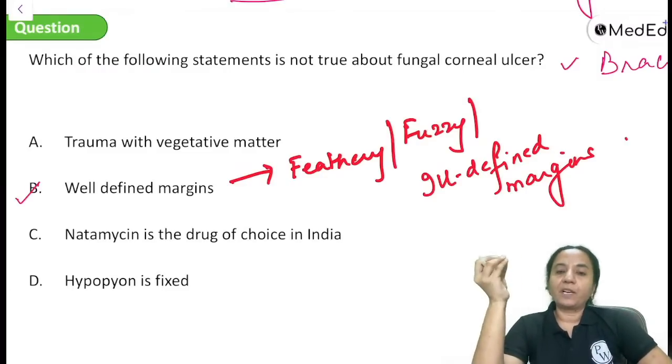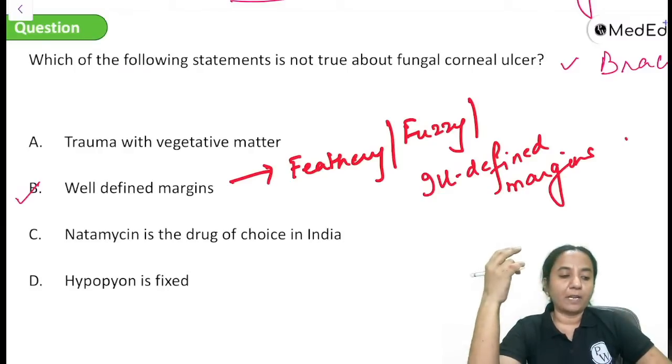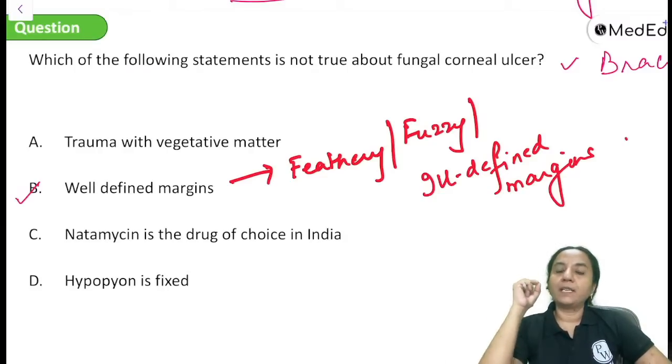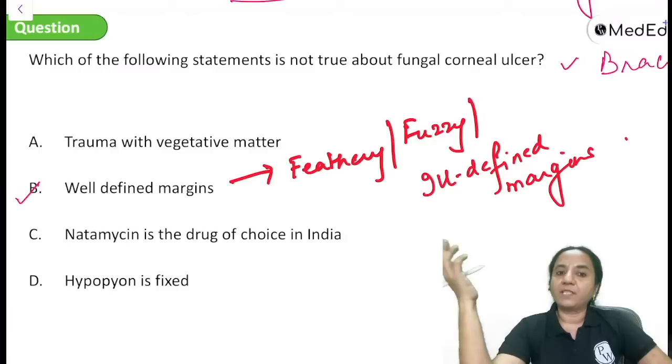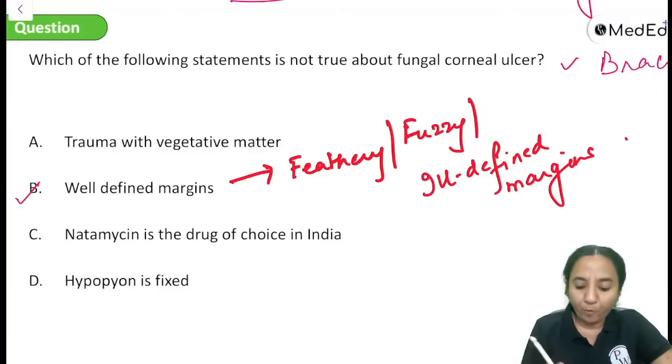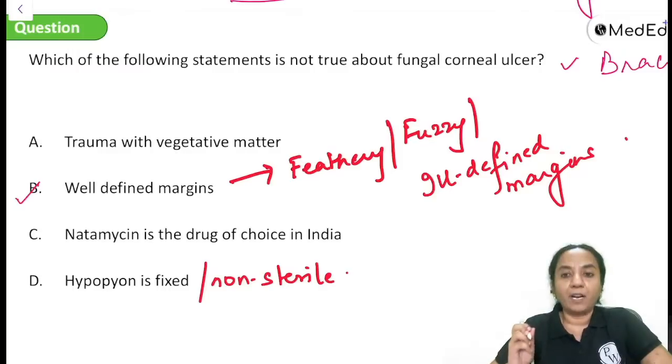In case of a fungal corneal ulcer, the symptoms tend to be less pronounced than a bacterial corneal ulcer. There is often a preceding history of trauma with vegetative matter. The hypopyon is fixed, meaning it is immobile, and it is often non-sterile. Non-sterile means that if you were to aspirate that hypopyon, you would get fungal hyphae.